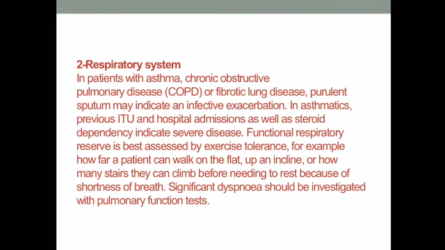Functional respiratory reserve is best assessed by exercise tolerance. For example, how far the patient can walk on the flat, up an incline, or how many stairs they can climb before needing to rest because of shortness of breath. This question gives an idea about the significance of the respiratory problem before surgery.